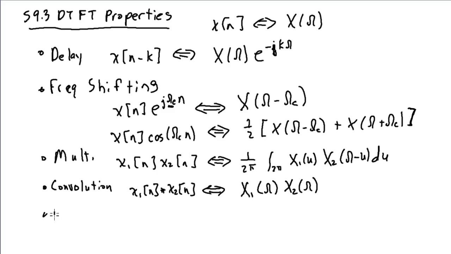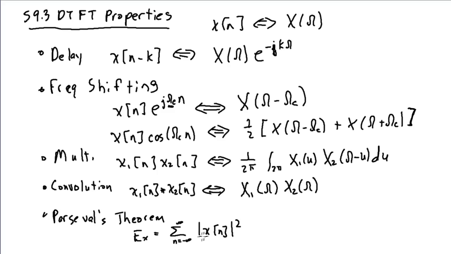And then the last property that I'll write down here is Parseval's theorem, which says that the energy contained in a sequence can be computed as the sum over all infinity of the sample values squared.